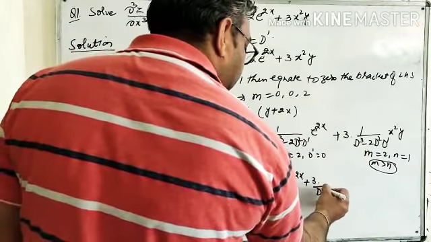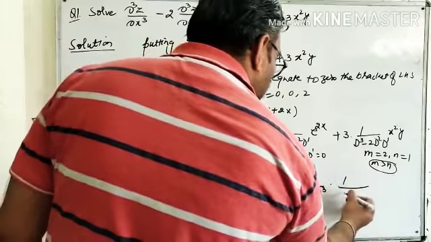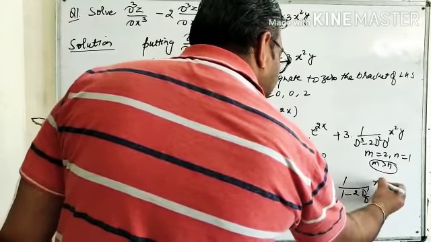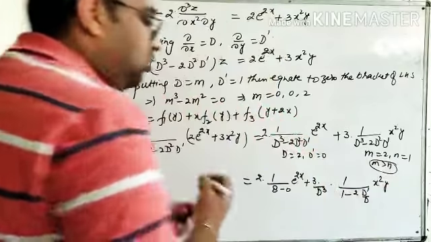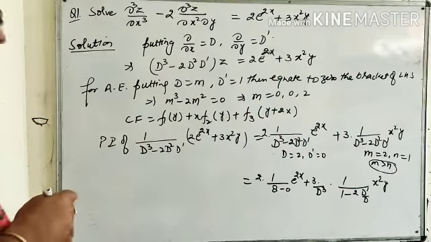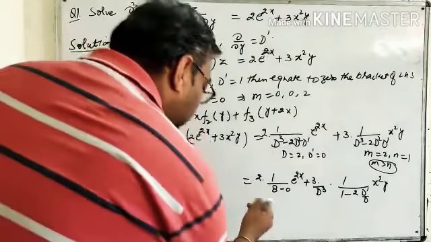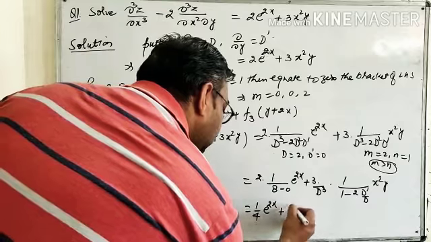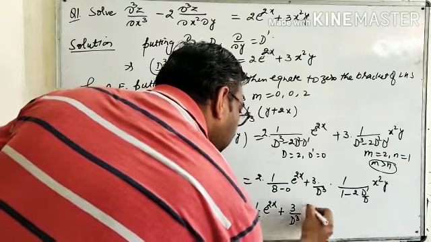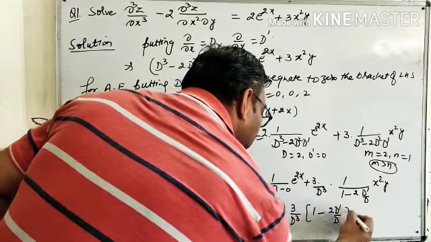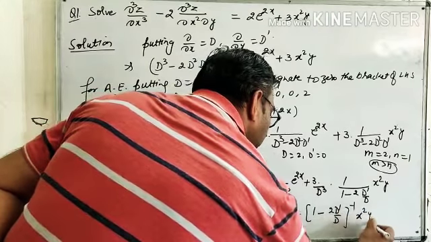So we can take D cube as common. What remains is 1 minus twice D' over D, x square y. Now take it into the numerator. This is solved: 1 by 4 e raised to power 2x plus 3 upon D cube, 1 minus 2D' upon D, inverse x square y.